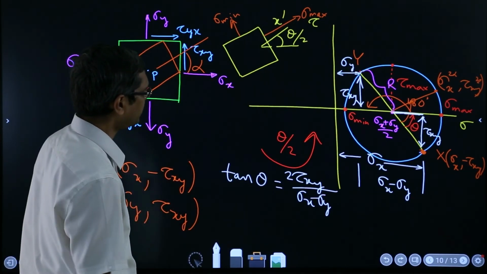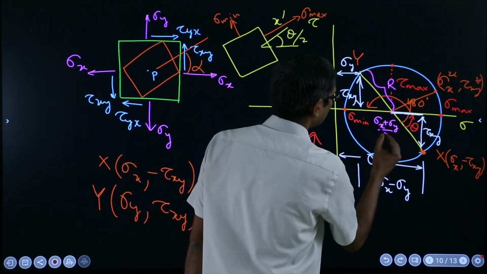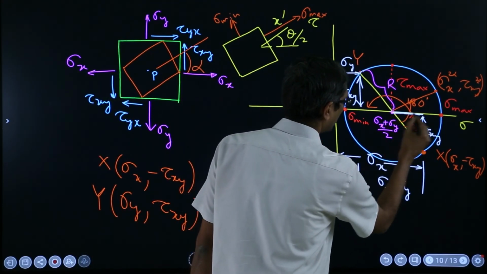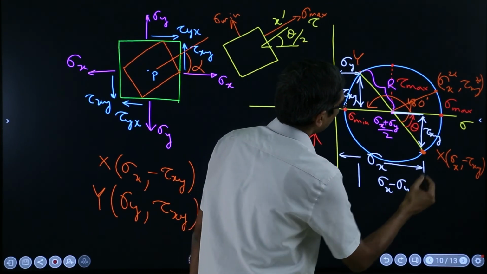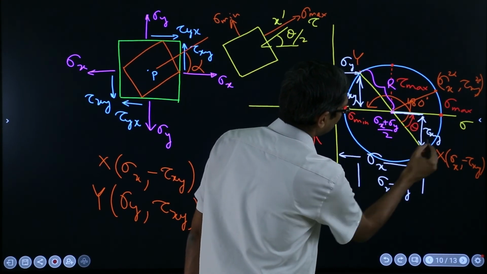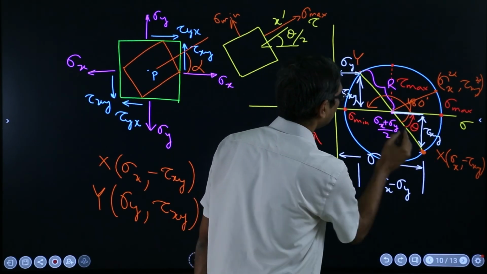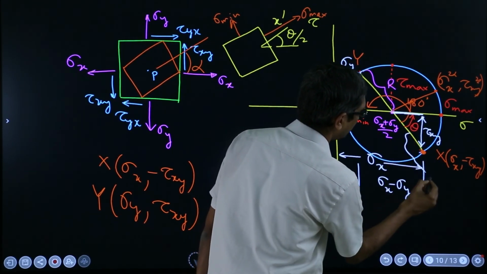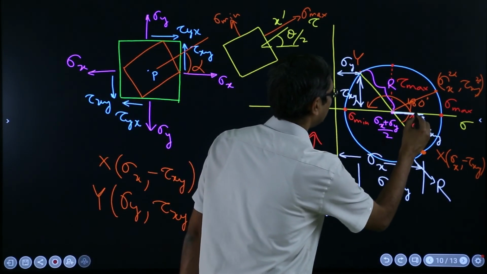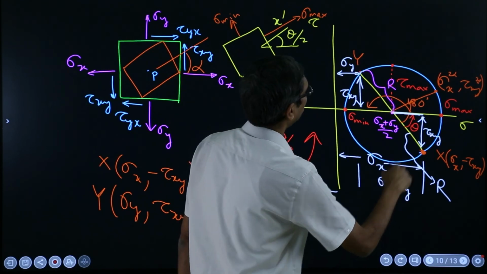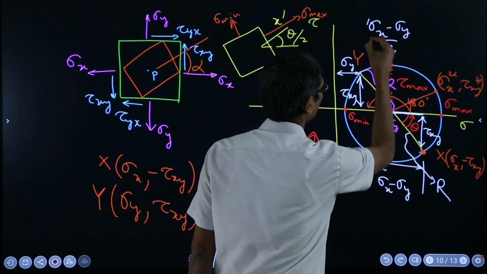And similarly, for the principal stresses, this is sigma x plus sigma y over 2 plus this radius. Now how do you get this radius? See this. This is tau xy. So this length r, how can you get it from this? This length you have calculated to be sigma x minus sigma y over 2.